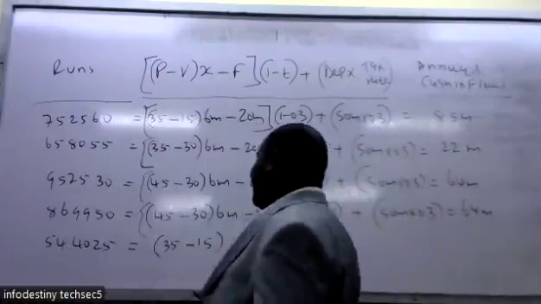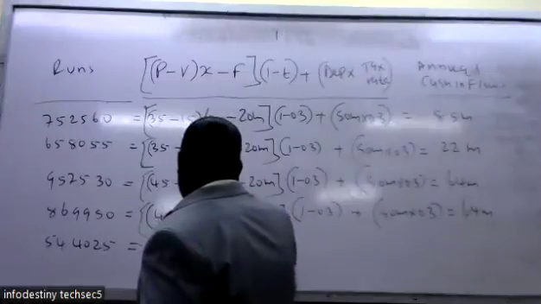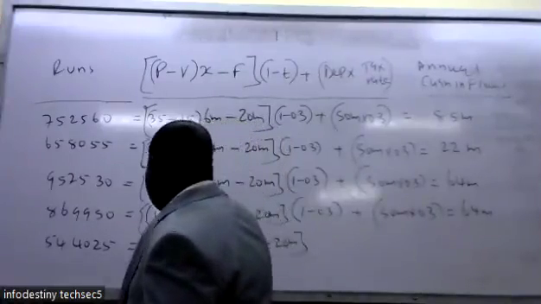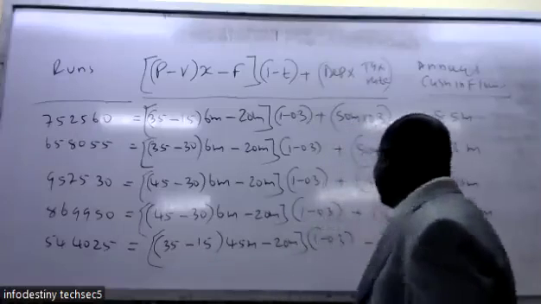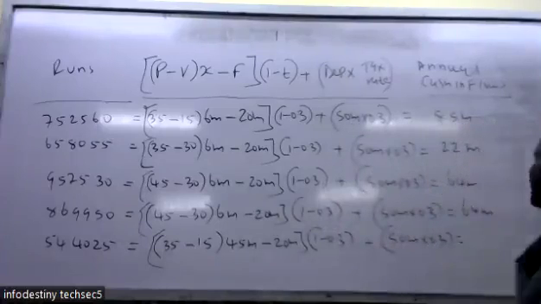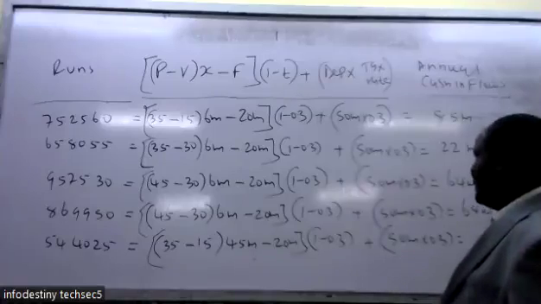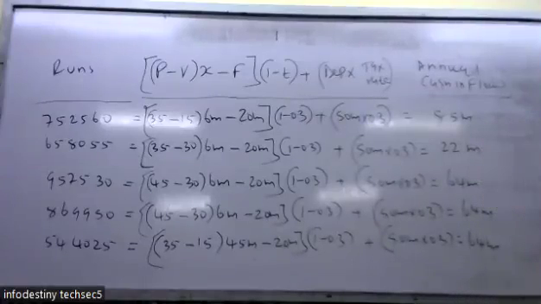Then 25 should give us 4.5. So 20 is still remaining. Then 1 minus 0.3. That gives us 60 million.